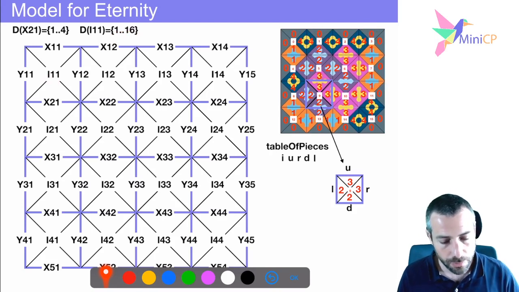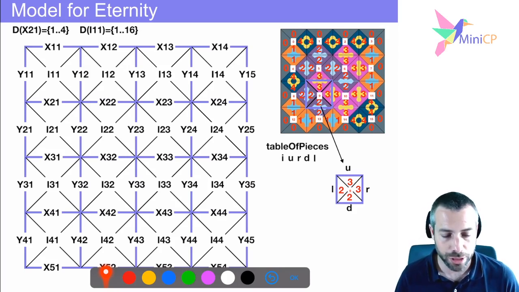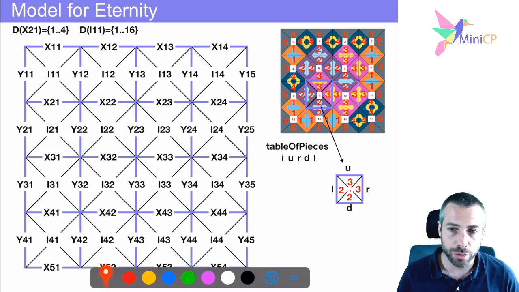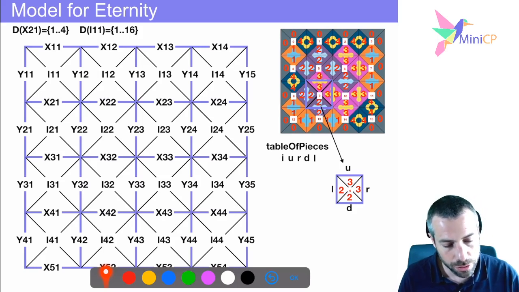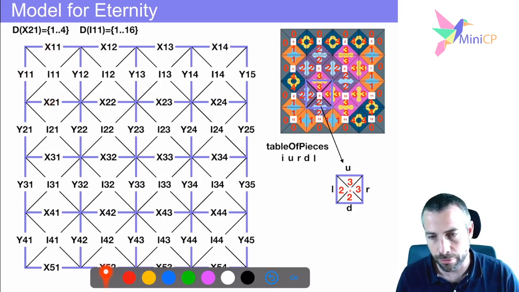Okay? And then, as you can expect, we will introduce a table constraint to enforce the rules of the game. And also, we will use a table constraint to enforce that the identifier assignment that you will decide here corresponds to a real piece of your problem, of your instance.